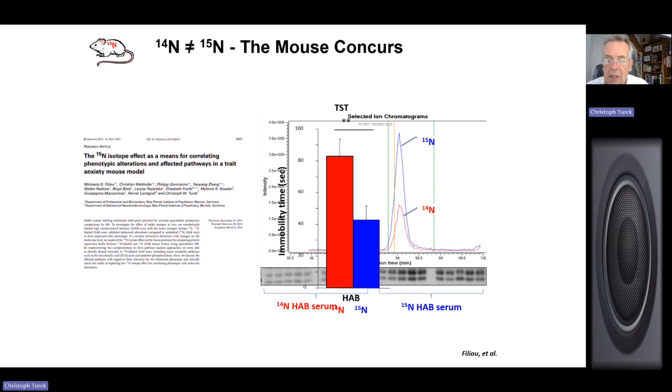This is a behavioral assay that assesses depression-like phenotypes, called the tail suspension test. We found the 15N labeled mouse to be a lot more active in this assay than the unlabeled mouse. So even behavior seems to be affected by the extra neutron in nitrogen.